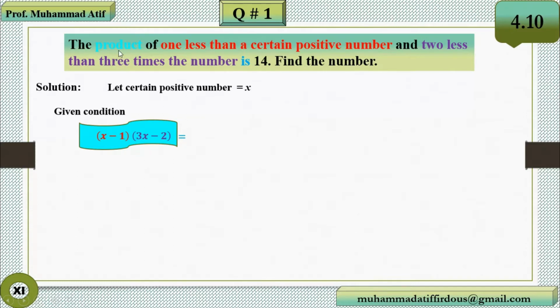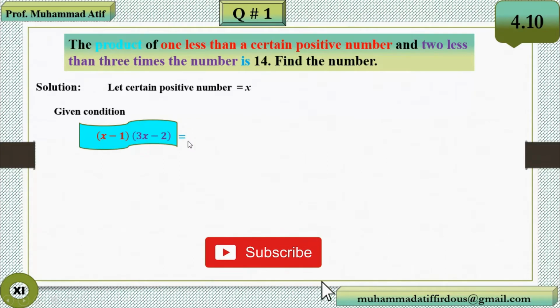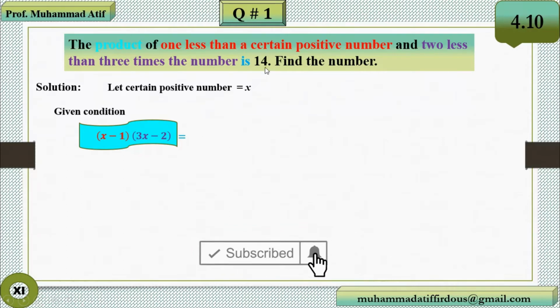Now the product means you have to multiply these two numbers. So the product of 1 less than a certain positive number and 2 less than 3 times that number is equal to 14. So just convert this word problem into this equation.